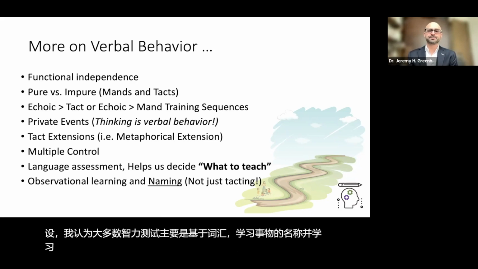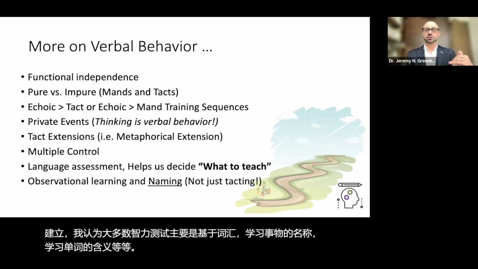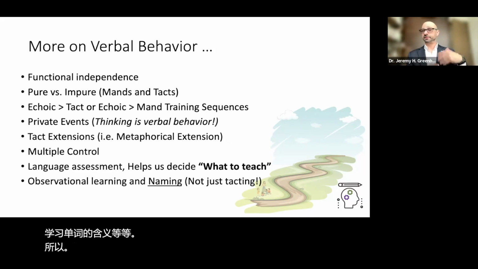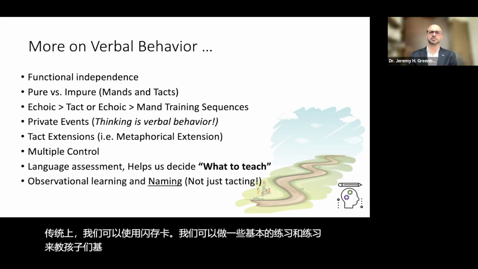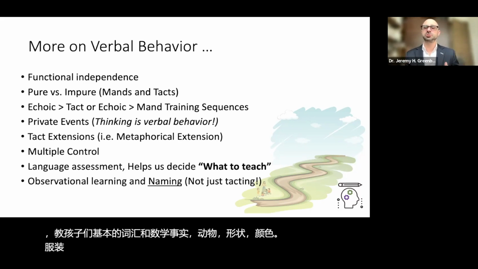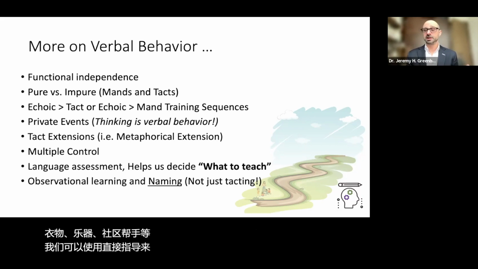Traditionally, we can use flashcards, basic drill and practice to teach children basic vocabulary words and math facts, animals, shapes, colors, clothing items, musical instruments, community helpers, etc. And we can use direct instruction to teach children the names of things, as we do in early primary years.